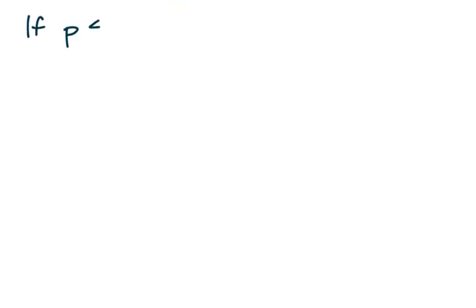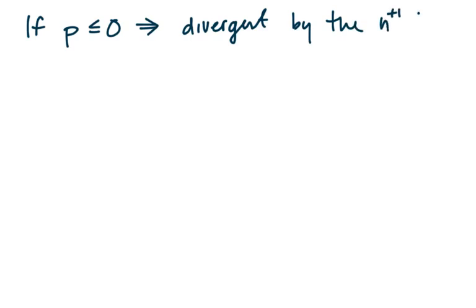So if p is less than or equal to 0, so we have a negative p-value, we know it would be divergent by the nth term test. And remember, the nth term test says that if the nth term becomes increasingly large, then it's going to be divergent.